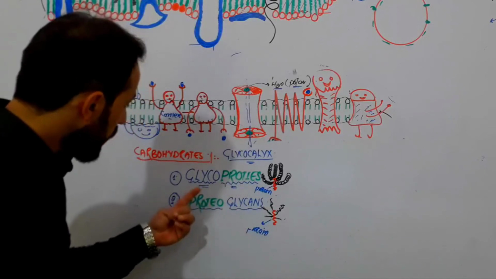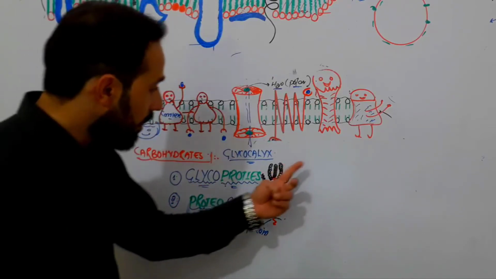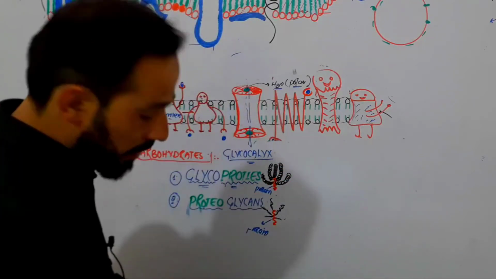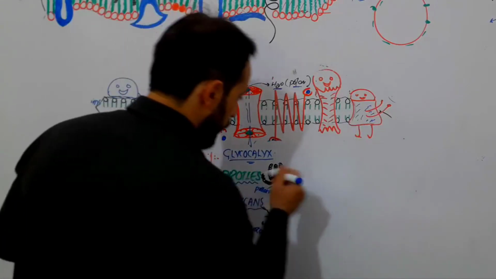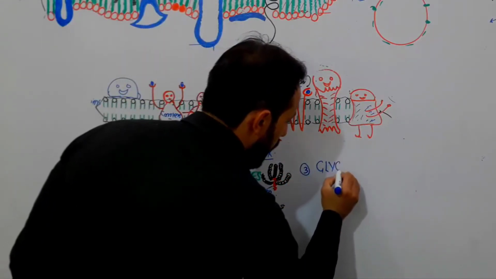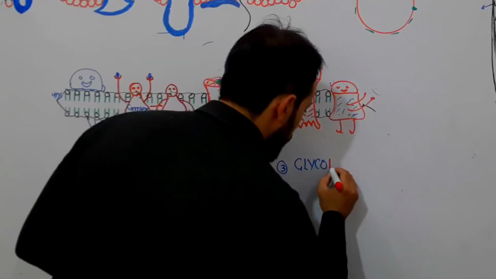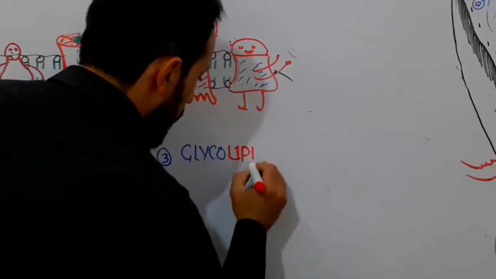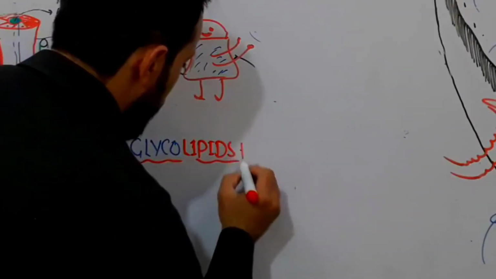So in the cell membrane we have carbohydrates in three forms. The first is glycoproteins, the second is proteoglycans, and the third group are called the glycolipids. I'll draw the diagram there, don't worry. The third group, glyco means carbohydrates and lipid, so we call them glycolipids.